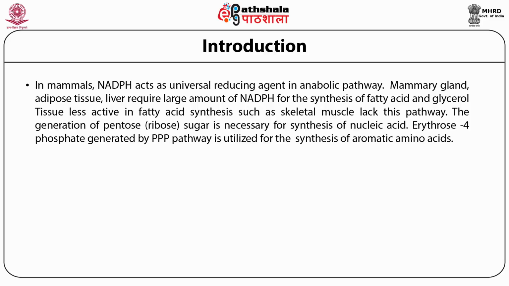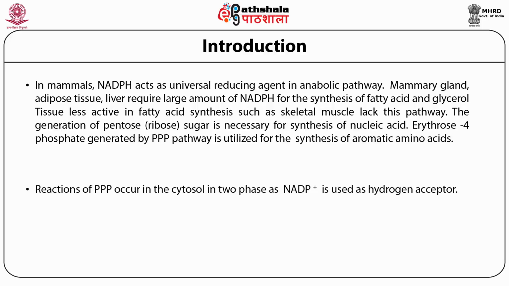The generation of pentose, that is ribose sugar, is necessary for synthesis of nucleic acid. Erythrose 4-phosphate generated by the pentose phosphate pathway is utilized for the synthesis of aromatic amino acids.